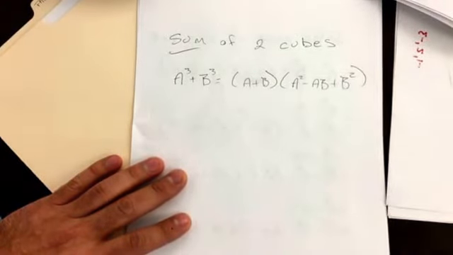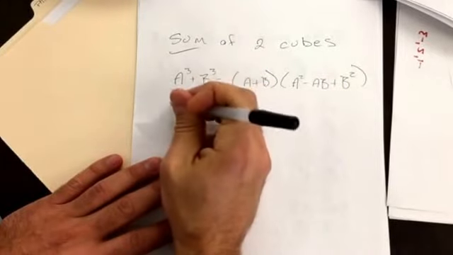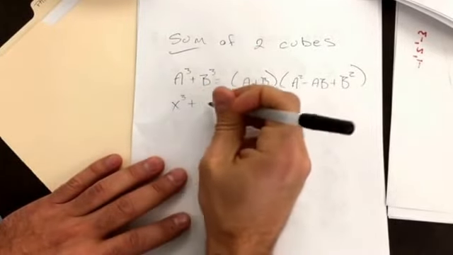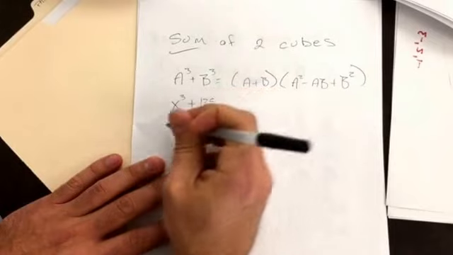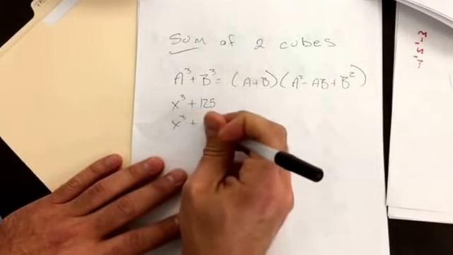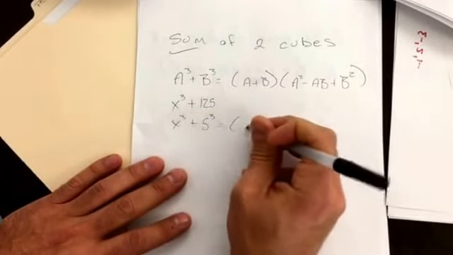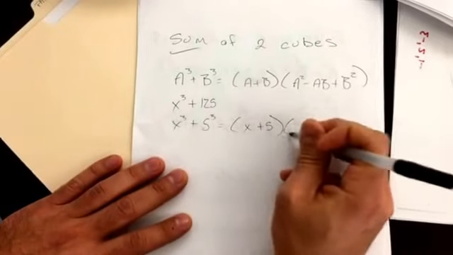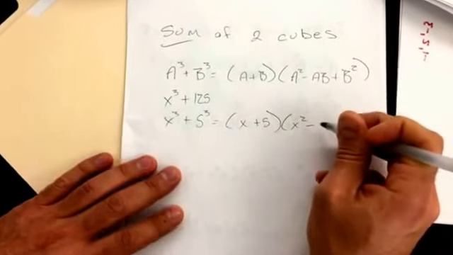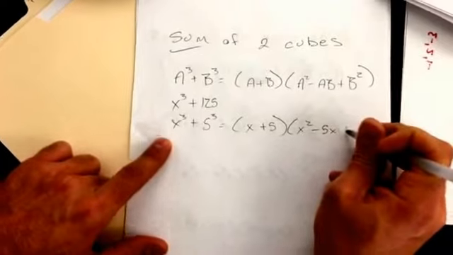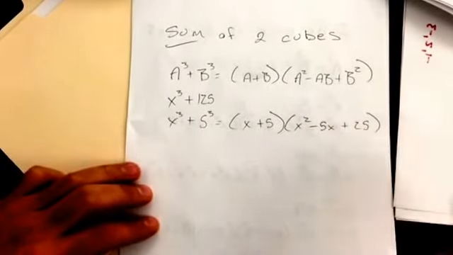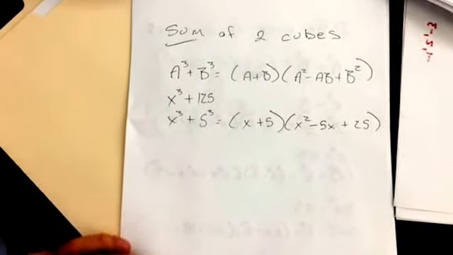Now these ones go the exact same way as the difference of cubes. So if I have x cubed plus 125, that's the same thing as x cubed plus 5 cubed. So that's going to become x plus 5. X squared minus 5 times x is just 5x plus 25. So it follows the exact same rules.